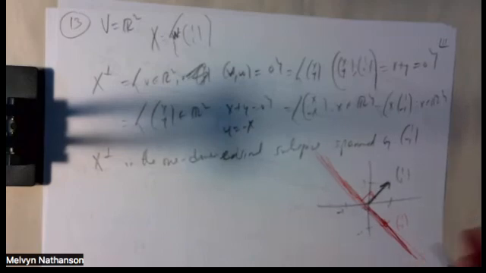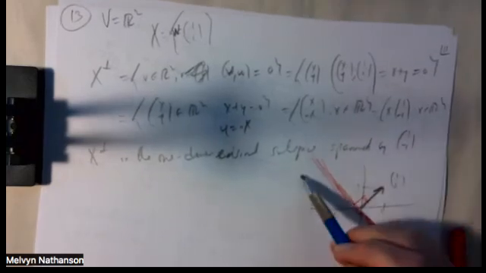So this one-dimensional subspace is my x-perp. Here's a vector, and all the vectors perpendicular to this lie on this line through the origin.